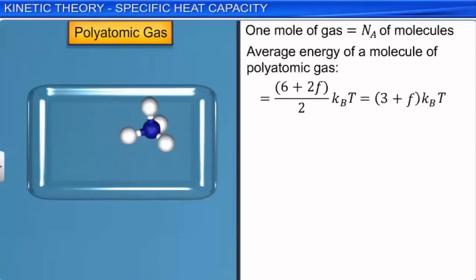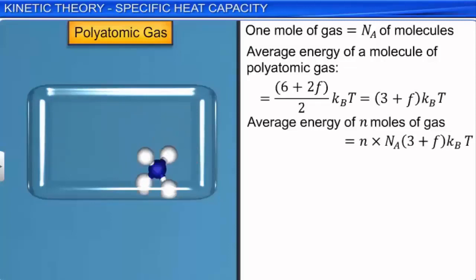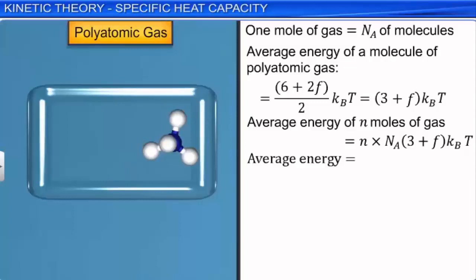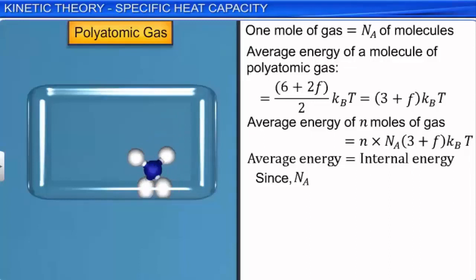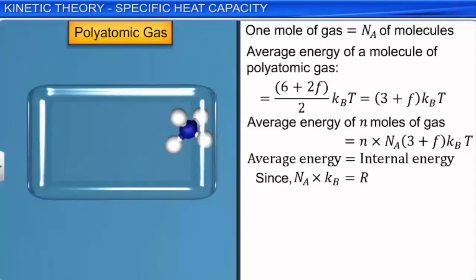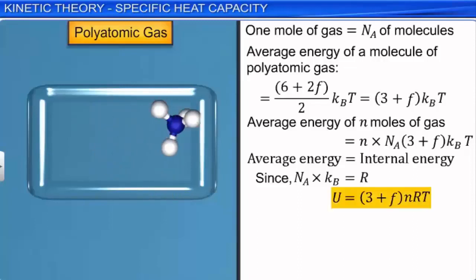If we have n moles of gas, the average energy of all the molecules of the gas is equal to the internal energy of the gas. Since the product of Avogadro's number Na and Boltzmann's constant kB is equal to the universal gas constant R, we get U is equal to (3 plus f) multiplied by nRT.